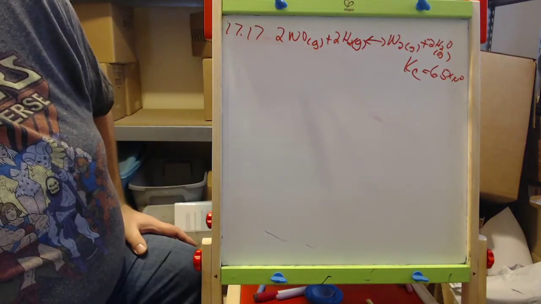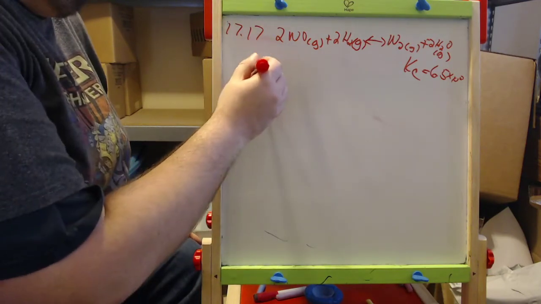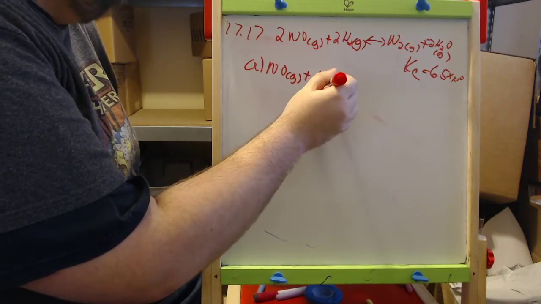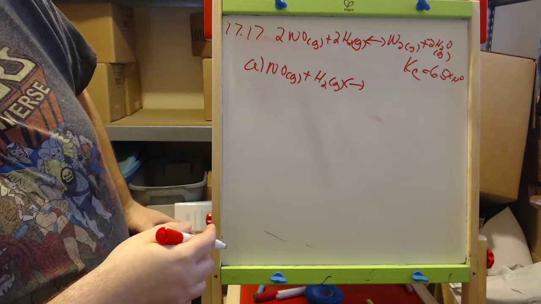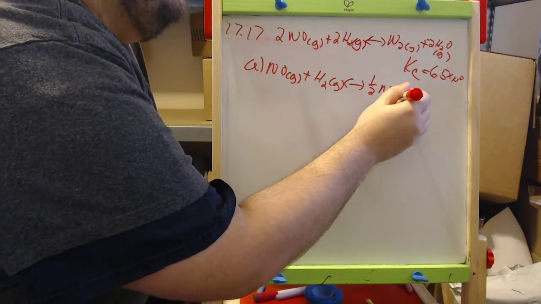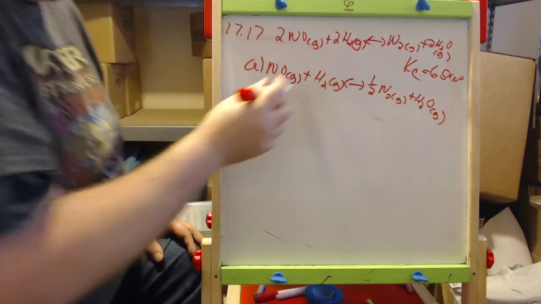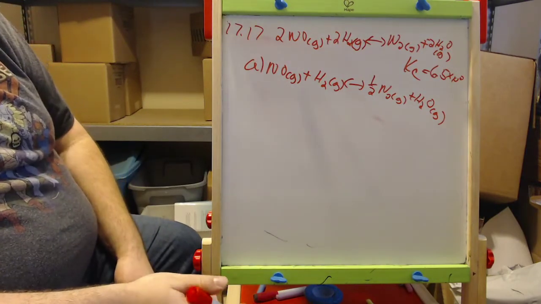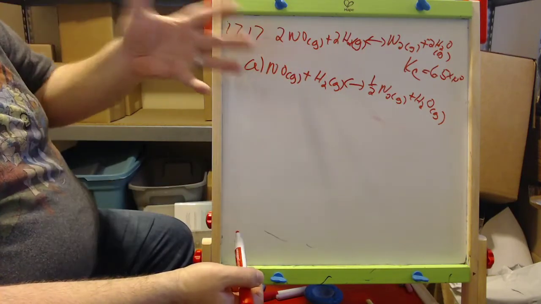And then it asks the following. What would the Kc for the following be? So, letter A says NO gas plus H2 gas is at equilibrium with 1/2 N2 plus H2O. Alright, so what we have to do here is compare the two equations. We've got to compare this equation to that equation and realize what has been done.